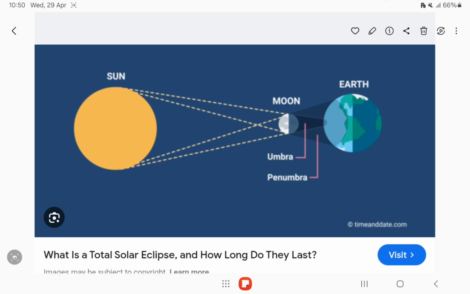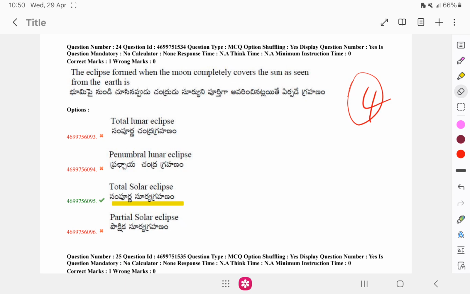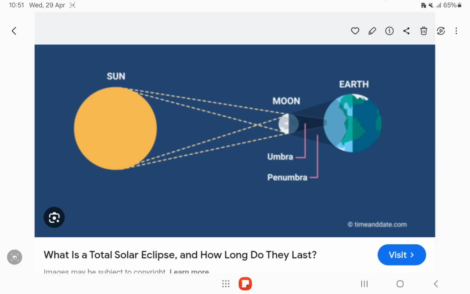In the question, total solar eclipse, they are saying moon completely covers the sun as seen from the earth. Now observe the picture carefully. Here the moon completely covers the sun when we observe it from the earth.